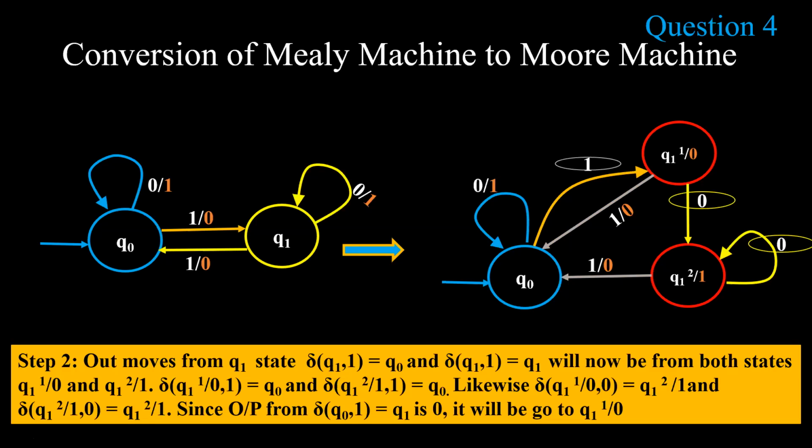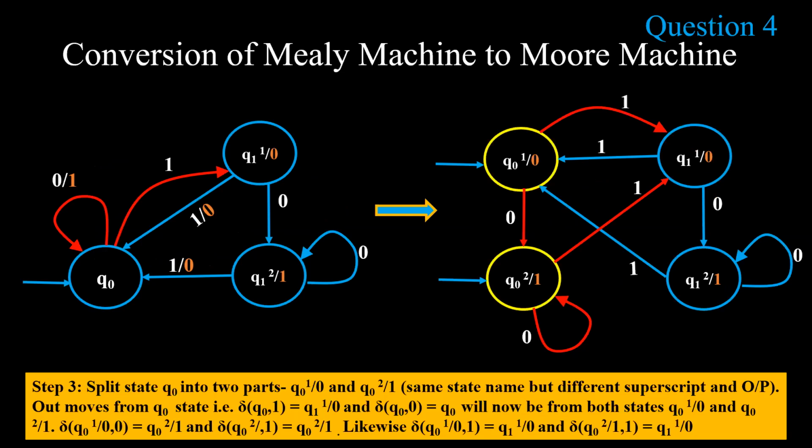Next we have split Q0 into Q01 and Q02, one with output 0, another with output 1, and consider the out moves of both. In one, the output was for Q1, which will be for both now, from Q01 as well as from Q02. Second output was a self loop.